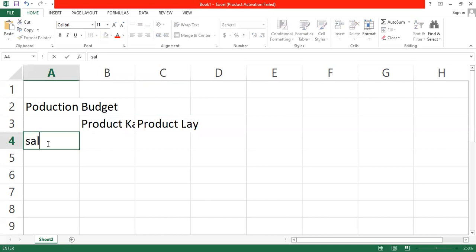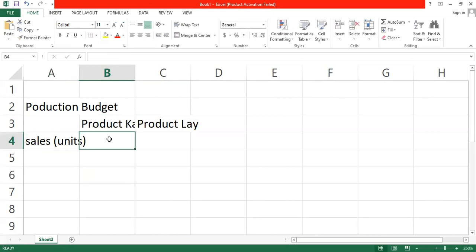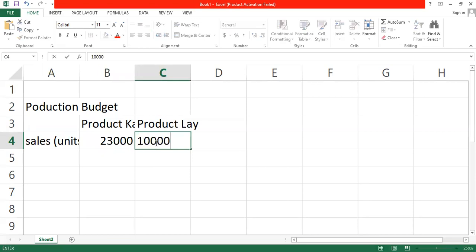So what is the sales unit? The sales unit for K is 23,000, and for L it is 10,000.